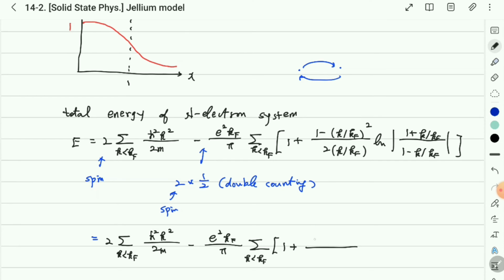And here, when we multiply kf square in the numerator and the denominator, it is (kf square minus k square) over 2k kf times ln of (kf plus k) over (kf minus k).